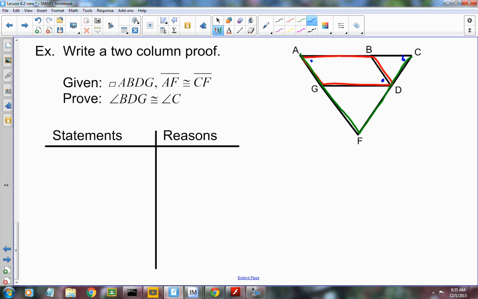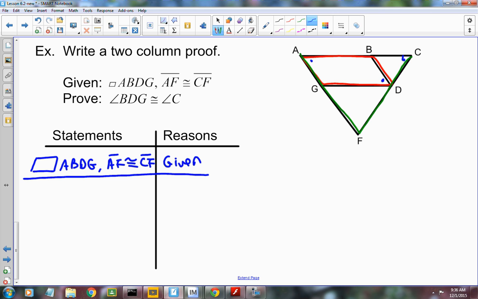Yes. Okay. So we have parallelogram ABDG and AF is congruent to CF. Now we took this part of the given and we said that angle BDG is congruent to angle A. Okay? And that's by that theorem, opposite angles of a parallelogram are congruent.